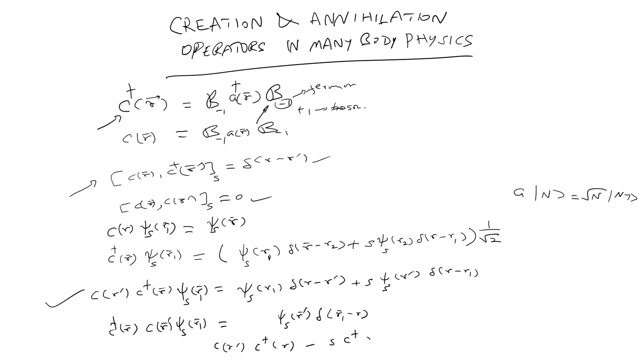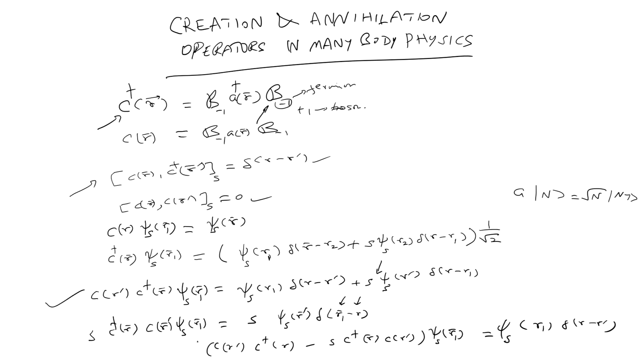When I do that, I end up getting, notice that when I multiply by s, this cancels out with this. So these two get cancelled out, and what remains is s of r1 times delta of r minus r dash.